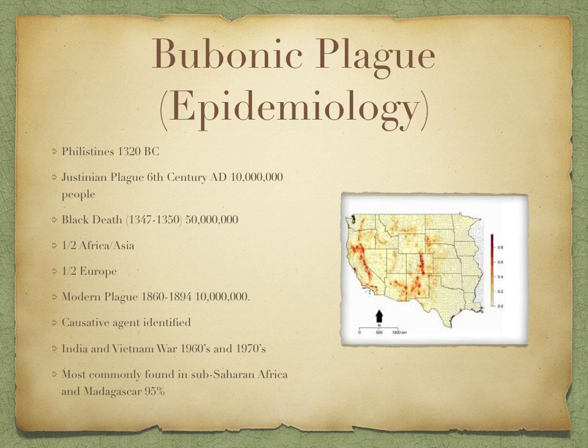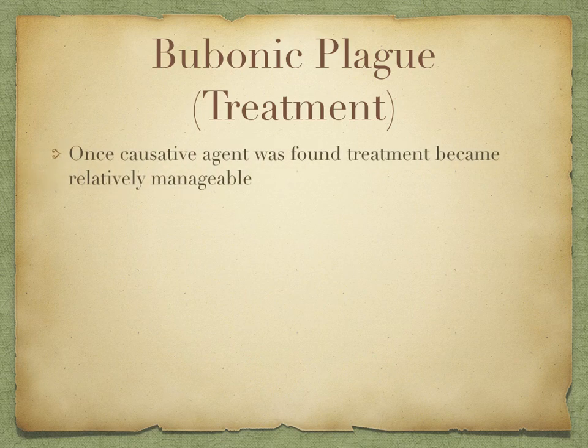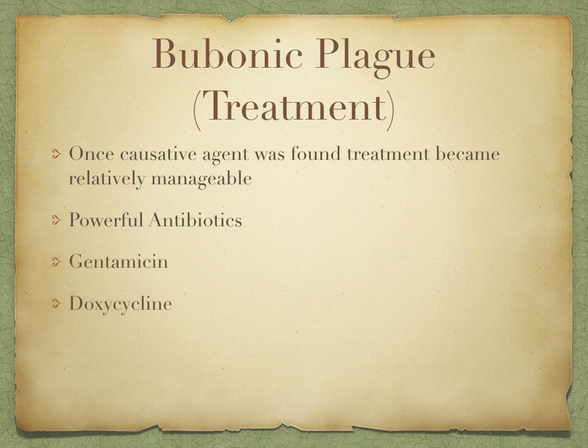About 95% of the cases come from there. So treatment's pretty simple. It's just antibiotics. Once we found the causative agent, we were able to manage it pretty well. We use powerful antibiotics such as gentamicin, doxycycline, ciprofloxacin, and levofloxacin, so Cipro and Levo.